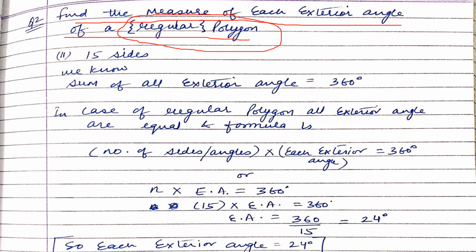Apart from this, we know that the sum of exterior angles is always 360 degree. Now, we have to find the measure of each exterior angle. So, all angles are equal, but we need to find their measure. For that, they have told us one thing, that the polygon is having how many sides? 15 sides.